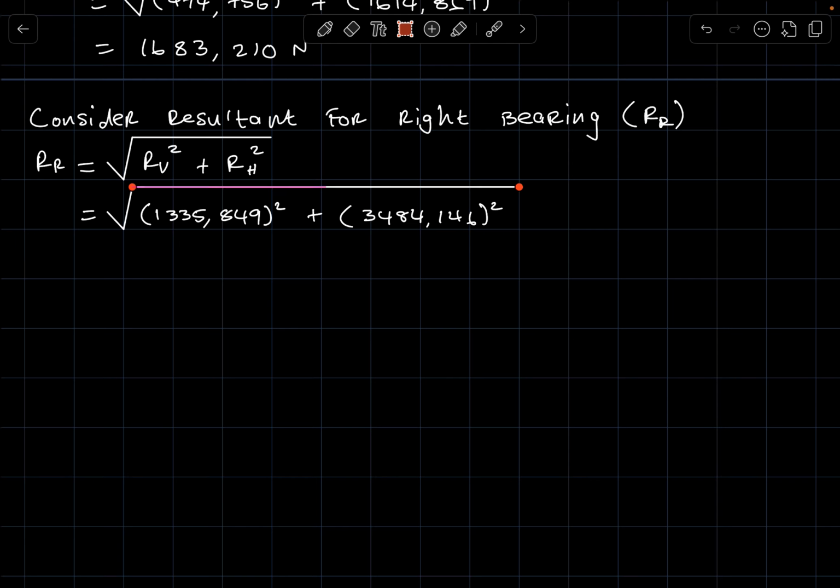Right, all this under square root, and this should be equal to 3731,456 newtons.